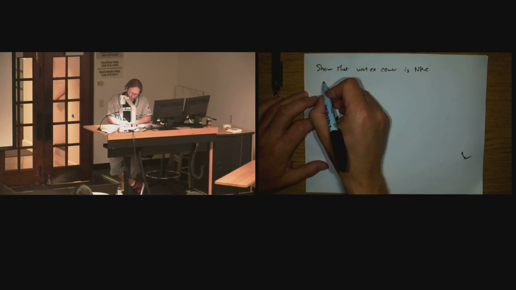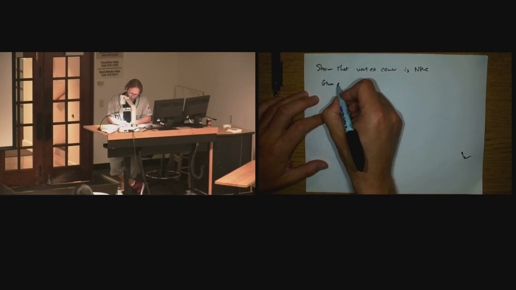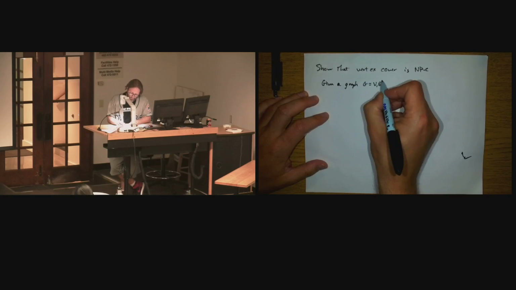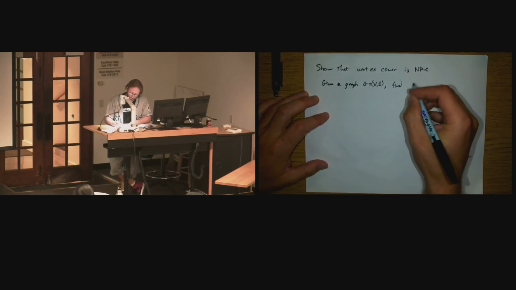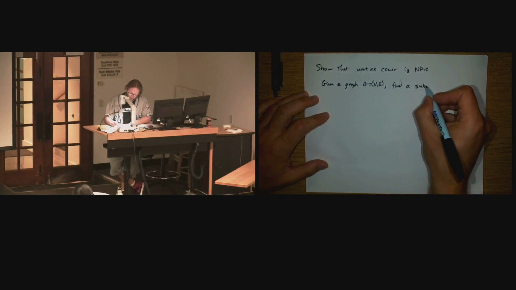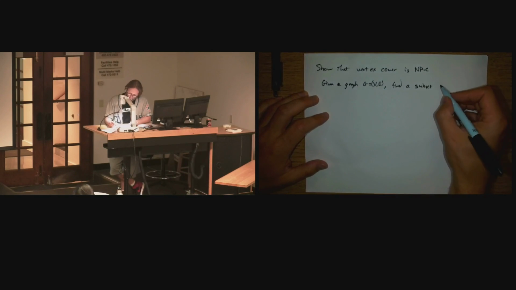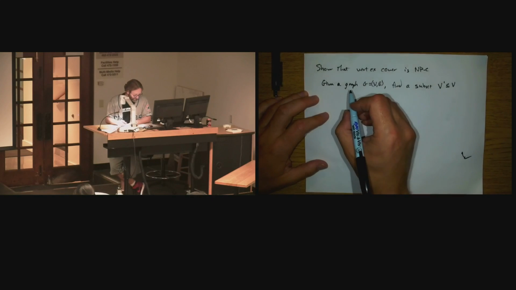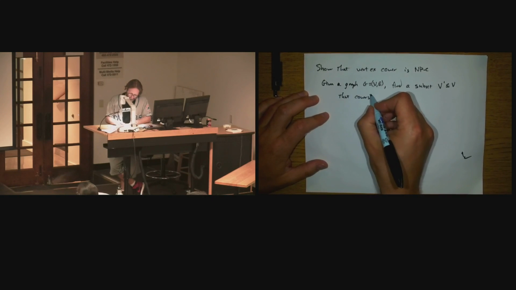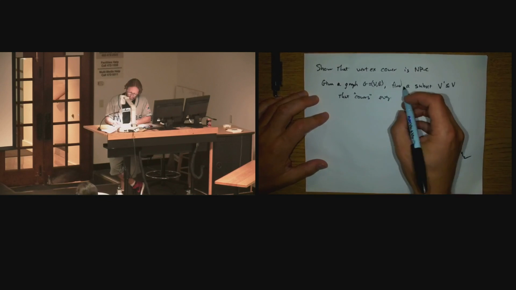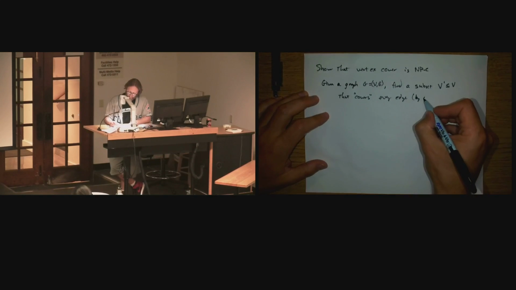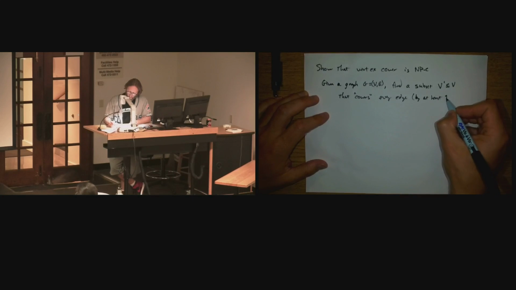A vertex cover is, given a graph G equals V comma E, we want to find a subset of vertices, V prime of V, that covers every edge by at least one endpoint.